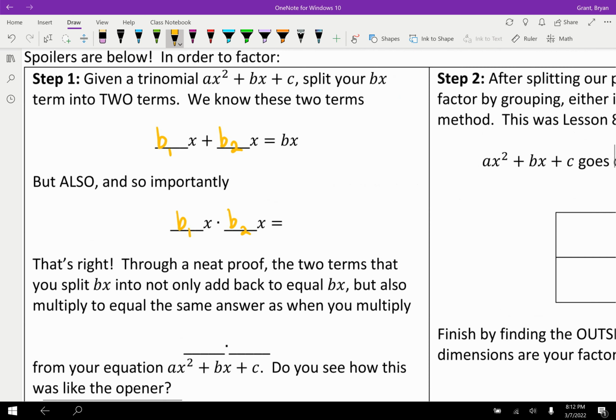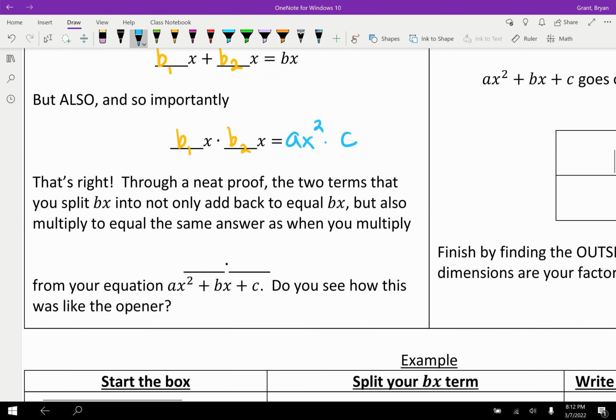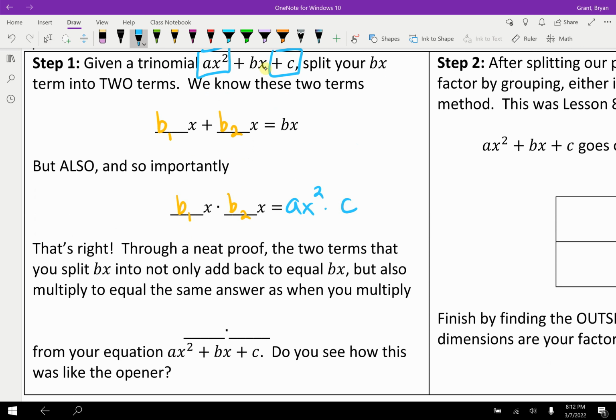Now, the other diagonal was made up of ax squared and c. So what we can say is, and I'll show these in blue up here, that these 2 have to multiply to equal ax squared times c. So not only do the 2 terms you split your b term into have to add back up to equal b, they also multiply to equal a known value.